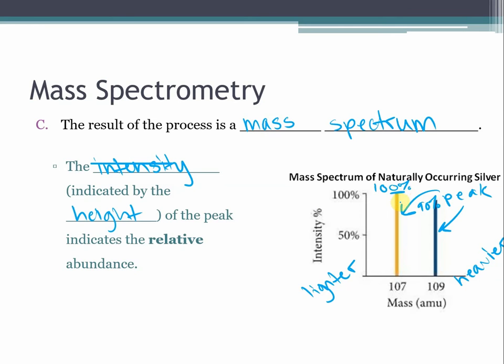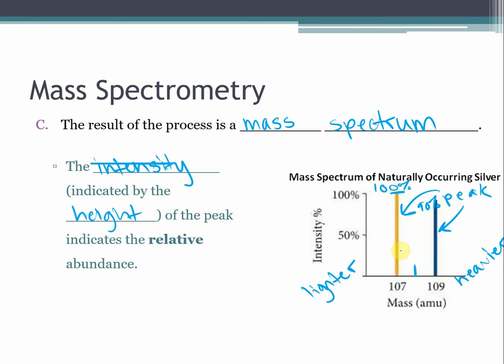The tallest thing will always be 100, and then any of the shorter peaks are relative to the tallest one. So this one is almost as tall, maybe like 90% as tall, so we say it has 90% intensity. If you had something this tall, that would be like 10% intensity, 20% intensity, because it's 10% of this tallest peak here. So that's the relative abundance.